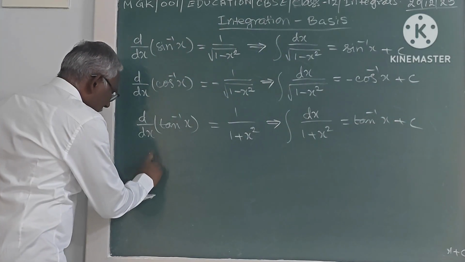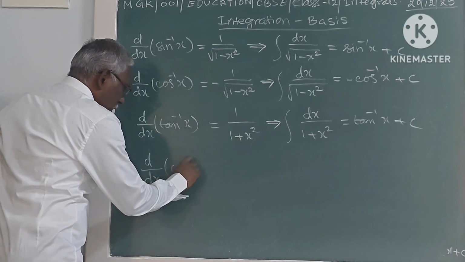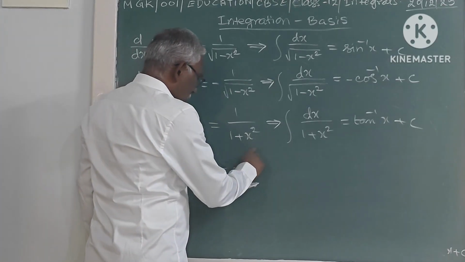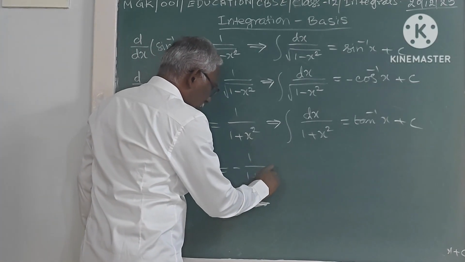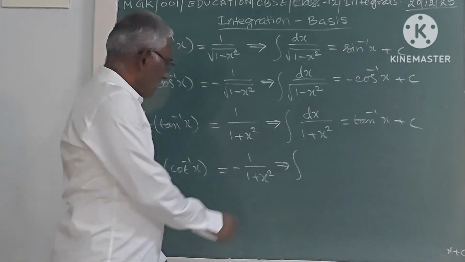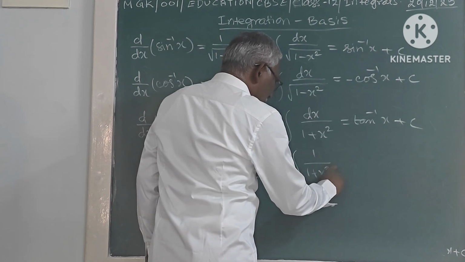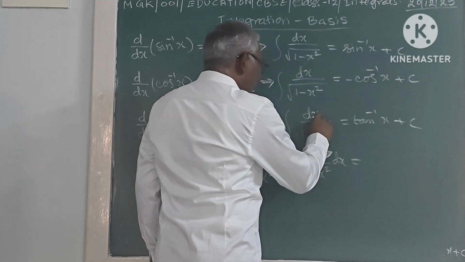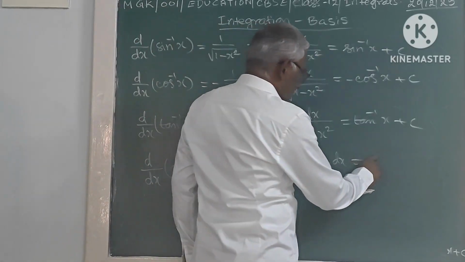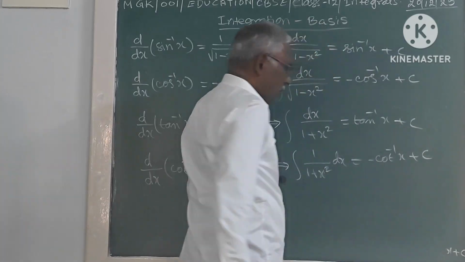Again we know differentiation of cot inverse x is minus 1 by 1 plus x square. Again we can write integral of 1 by 1 plus x square dx, same thing, I am writing this way, it's nothing but minus cot inverse x plus constant.